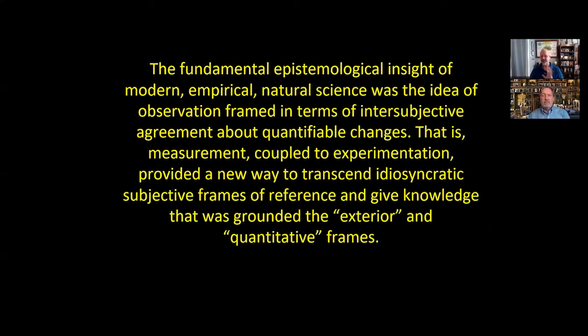So the fundamental epistemological insight of modern empirical natural science was the idea of observation framed in terms of intersubjective agreement about quantifiable change. That is, measurement coupled to experimentation provided a new way to transcend idiosyncratic subjective frames of reference and give knowledge that was grounded in the exterior quantitative frame. Basically, we need to measure things.